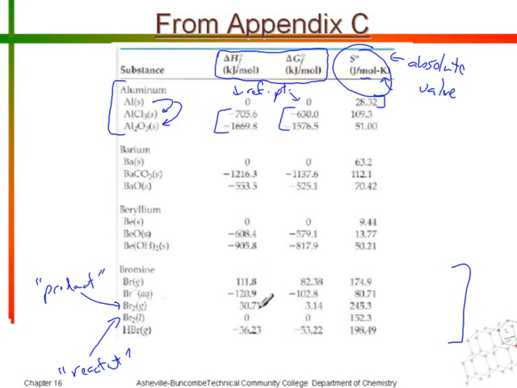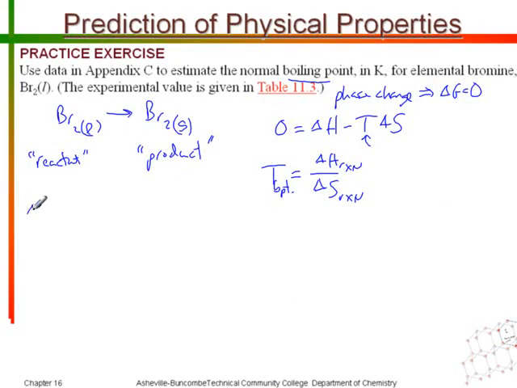So the first column is the heat of formation, the enthalpy of formation, for bromine in the gas state. Let's set that up. The enthalpy change for the process, the reaction, is going to be equal to the summation, I'll put that in brackets, of 1 mole of this product, if you will.